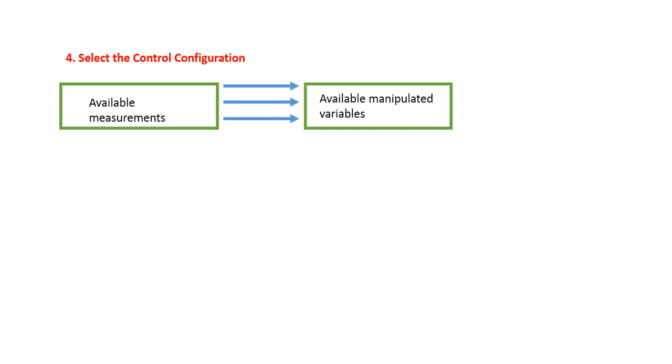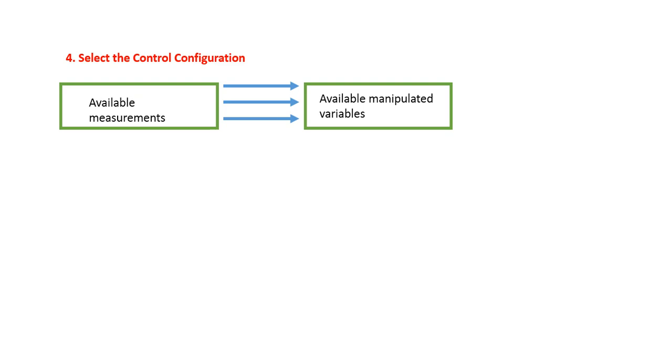Further, the fourth is to select a controller configuration. Now what is a controller configuration? A controller configuration is basically an information structure that connects the available measurements with the available manipulated variables.